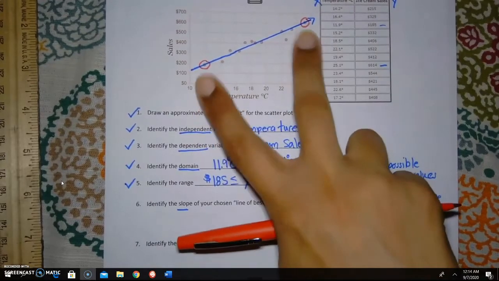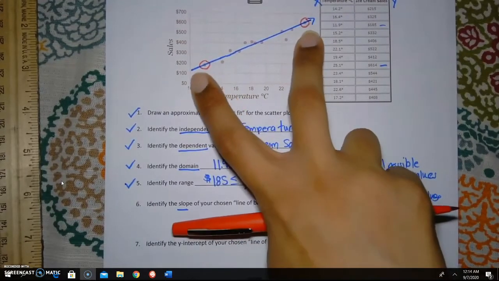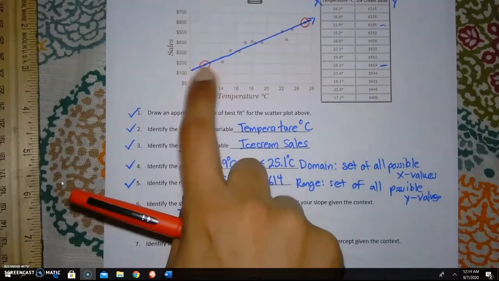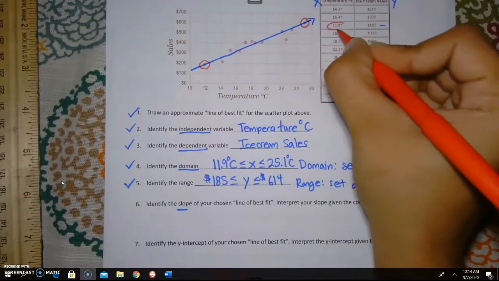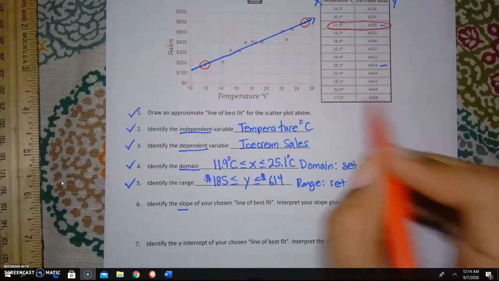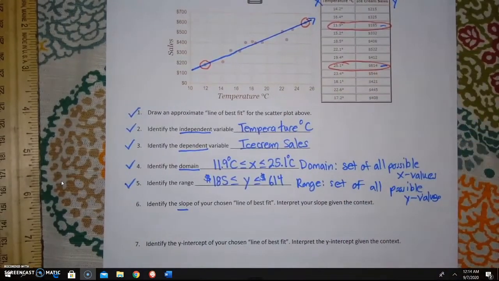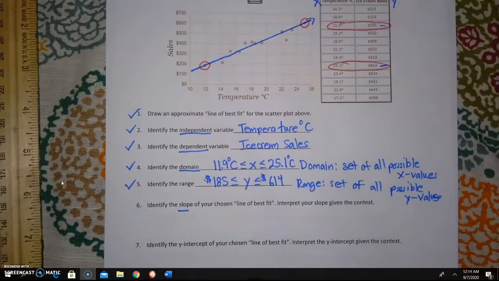So I'm going to go ahead and use those 2 points just because my line fits nicely through each of them. This point here is actually my lowest point, and then this point here is actually my highest point. And it will not always be the case that you use the lowest and the highest, but here it actually worked out quite nicely.